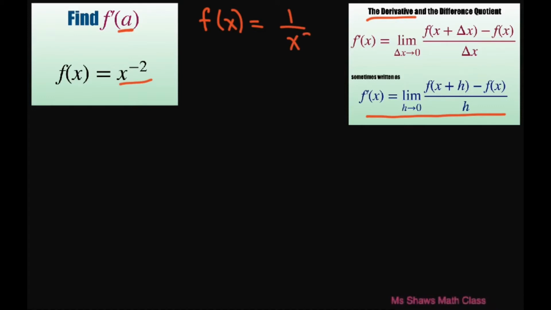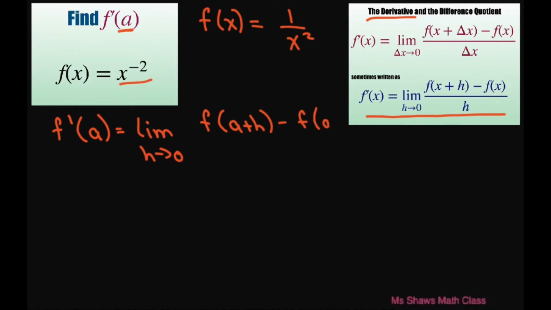divided by x squared. Alright, so starting out, let's do f prime of a equals the limit as h approaches 0. And we're going to have f of a plus h minus f of a all divided by h.